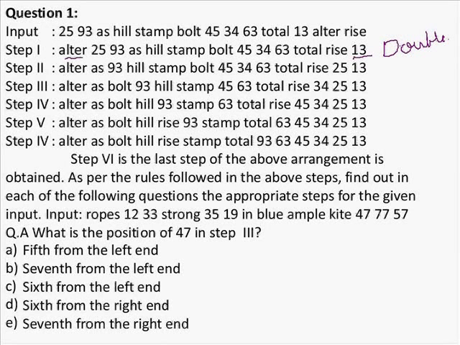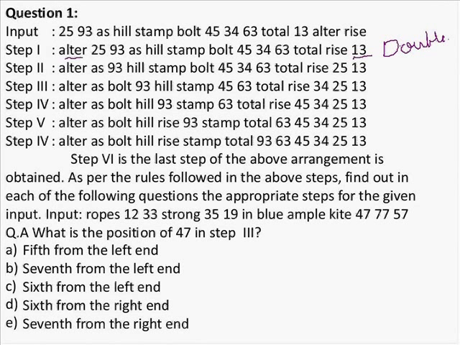This is called double switching. And after, you'll see after as bold till rise stamp total of, and these are in ascending order. So that means words have to be arranged separately. This has to be arranged separately. Clear to everyone? The rules remain the same. How questions are made. Now the question comes.